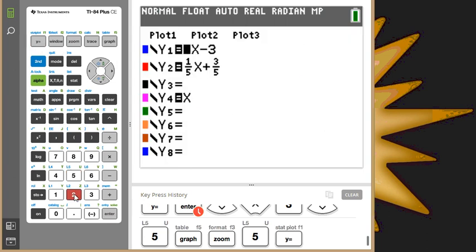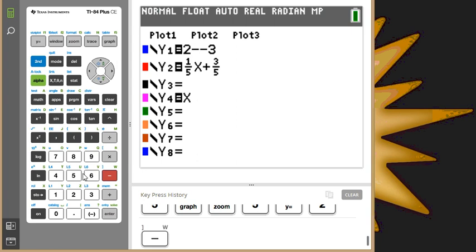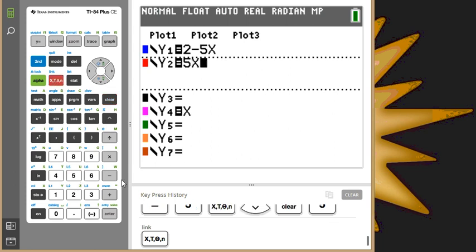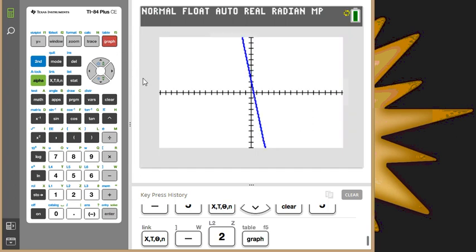So 2 minus 5x, and down here we can put 5x minus 2, and graph these things. Do these two things, the red and the blue, reflect about this line? No, because we would see them over here like this.